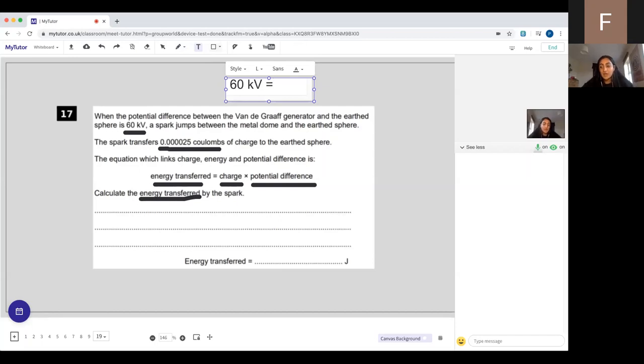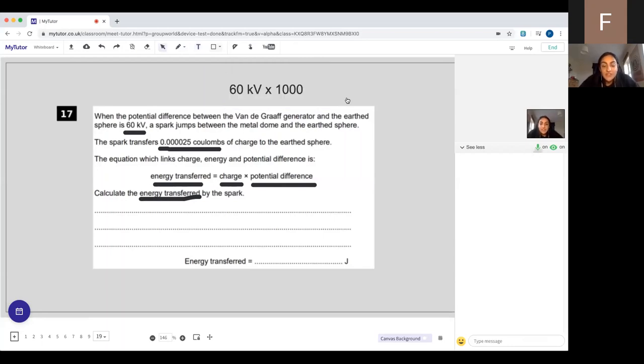So how do we go from 60 kilovolts to normal volts? Put your answer in the chat if you know. How do we go from kilovolts to normal volts? Great, we times by 1,000. So make sure that you do that first to get your answer in volts.